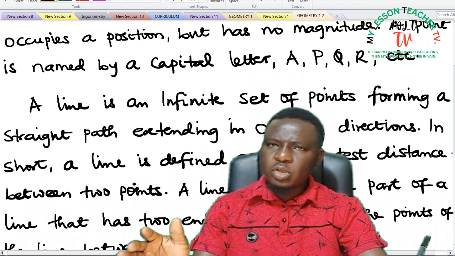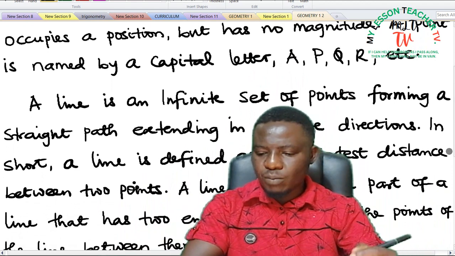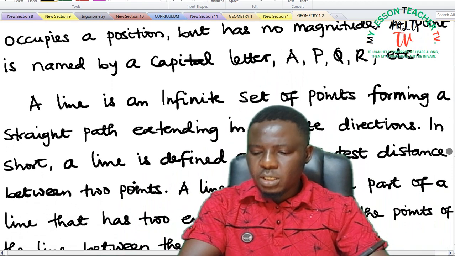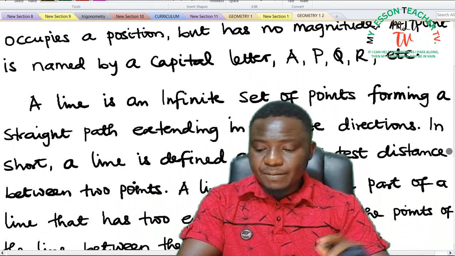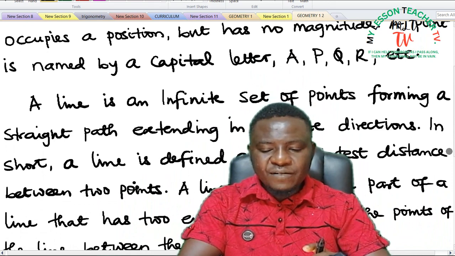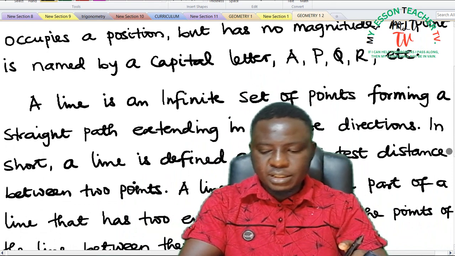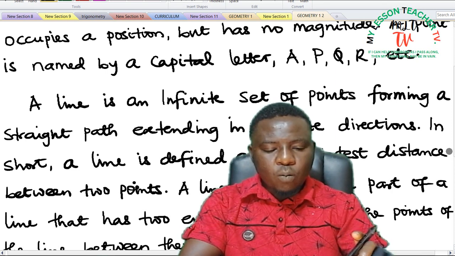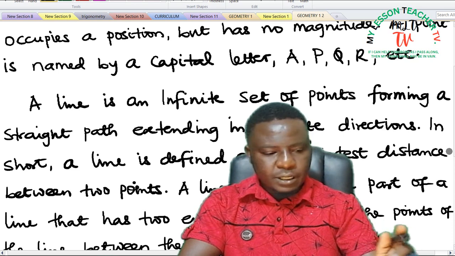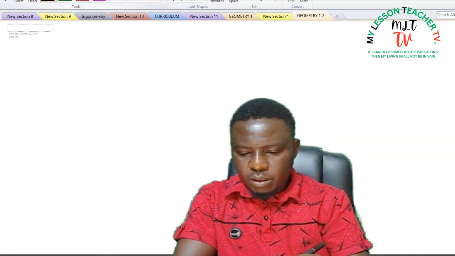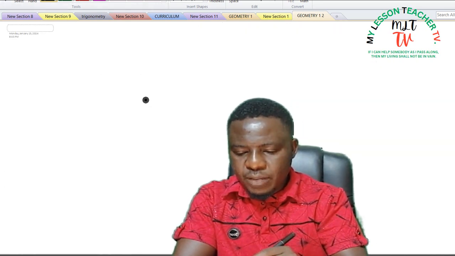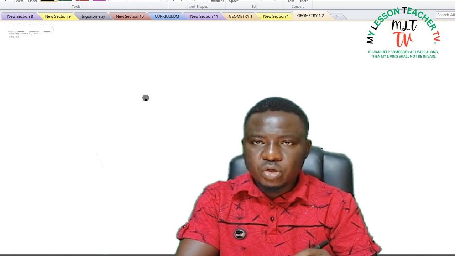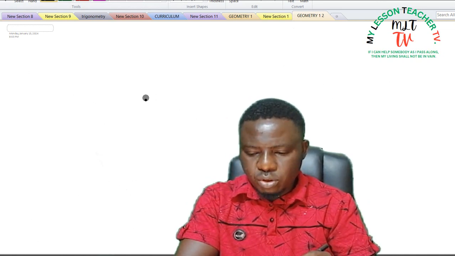Also, let us understand some terms that will be used. What do we mean by a line? A line is an infinite set of points forming a straight path extending in opposite directions. For example, we said a point is a position that has no magnitude.